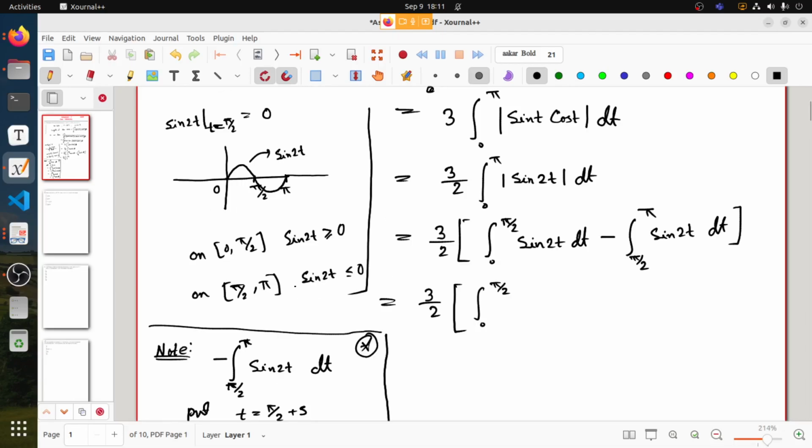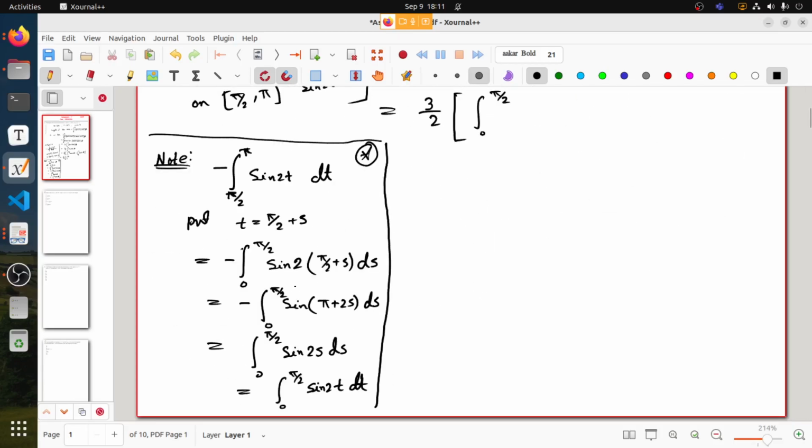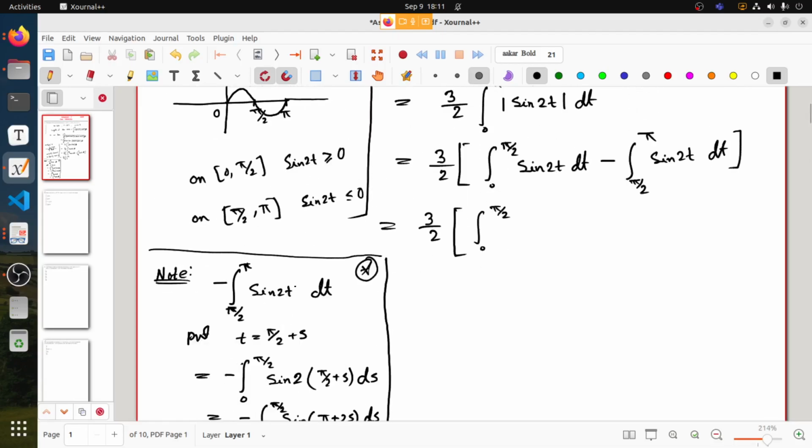So from star, we get minus the integral from pi by 2 to pi of sine 2t, which is the same as the integral from 0 to pi by 2 of sine 2t dt, right? So the first remains the same, the integral of sine 2t dt, and minus of sine 2t we get is again the integral from 0 to pi by 2 of sine 2t dt, by star.